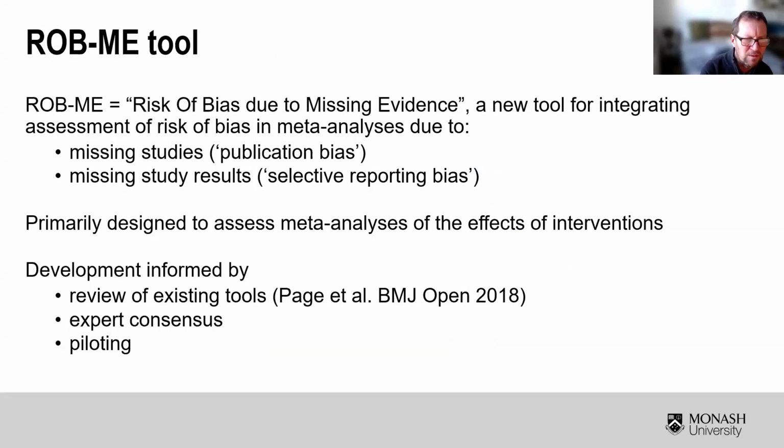Its development was informed by a review of existing tools. Matt and colleagues published a widely cited paper in BMJ Open in 2018, by expert consensus and through piloting before the final version was published. Next, please.